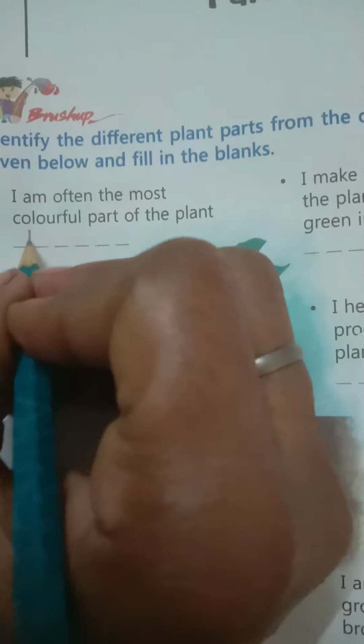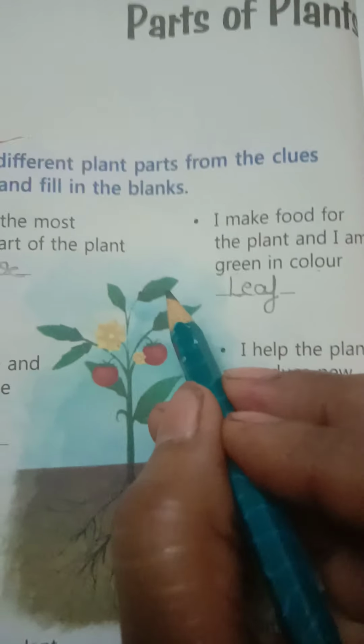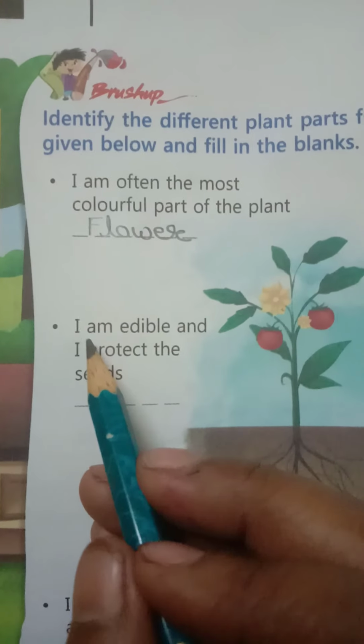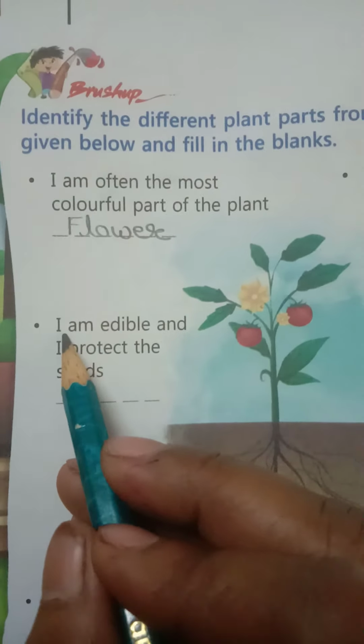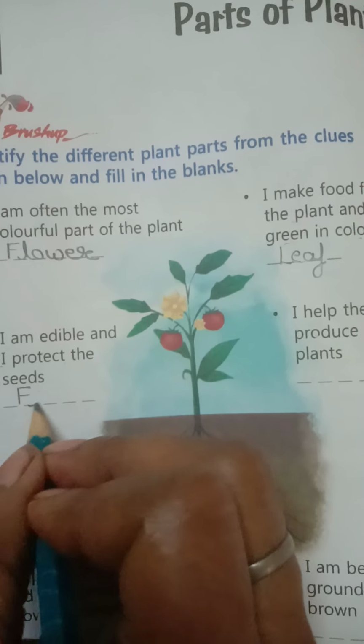I make food for the plant and I am green in color. The answer is leaf. I am edible and I protect the seeds. The answer is fruit.